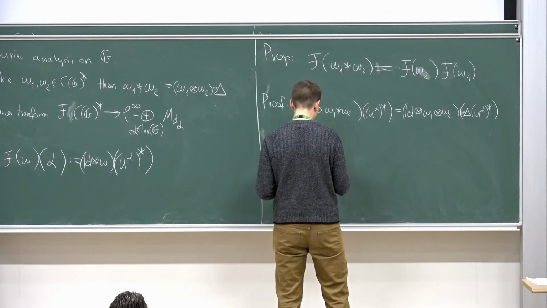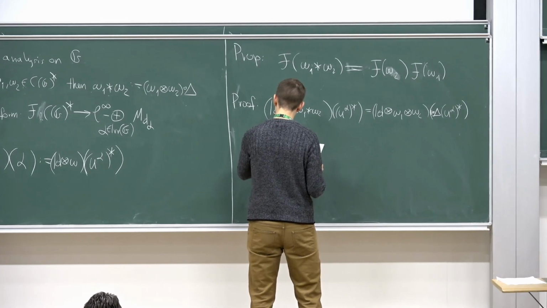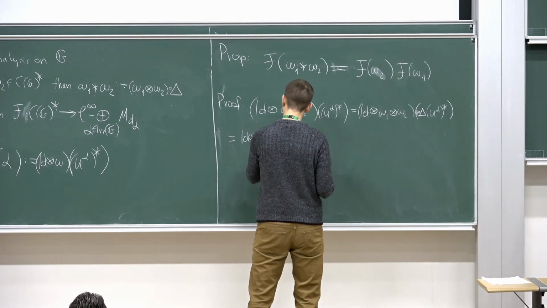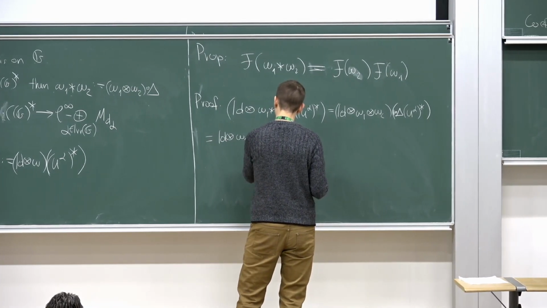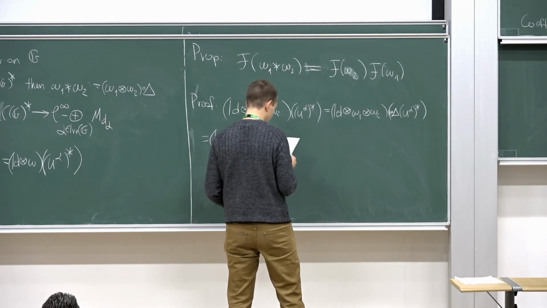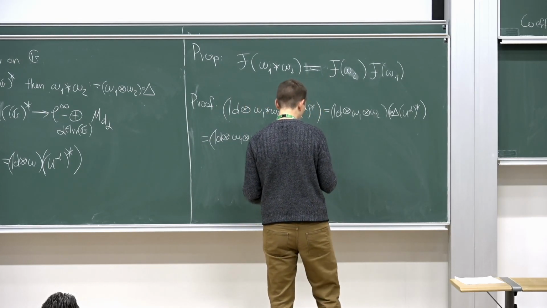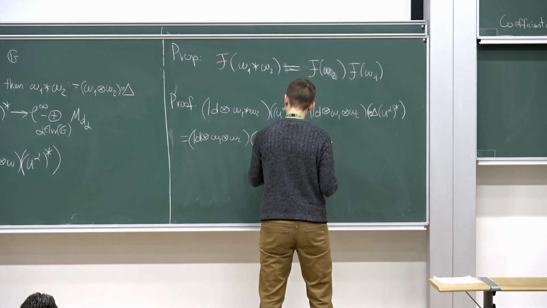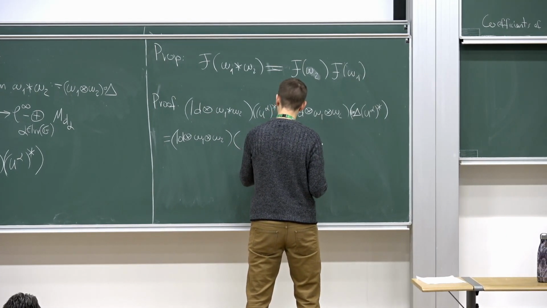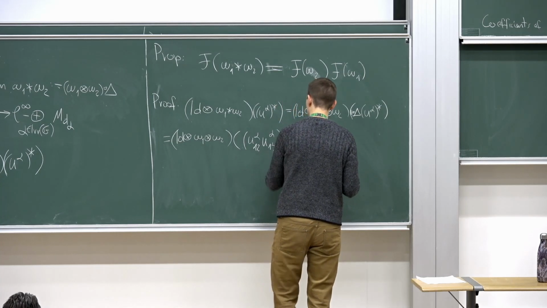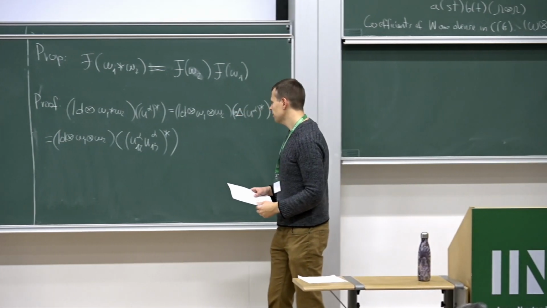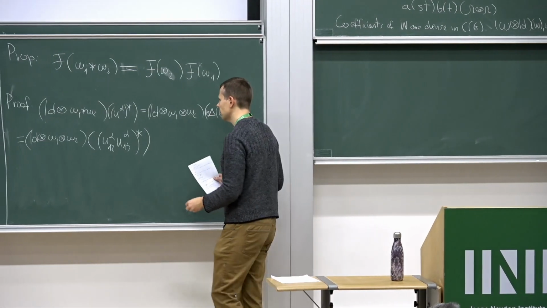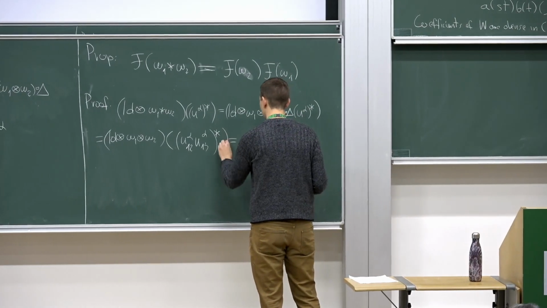Okay, so the next step is that we have identity tensor omega 1 tensor omega 2. We use this definition, so we have that this is U12 alpha, U13 alpha, star, by the definition of a representation.